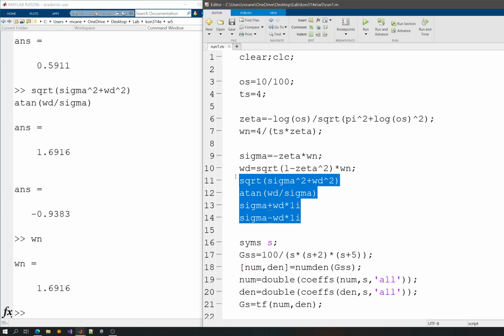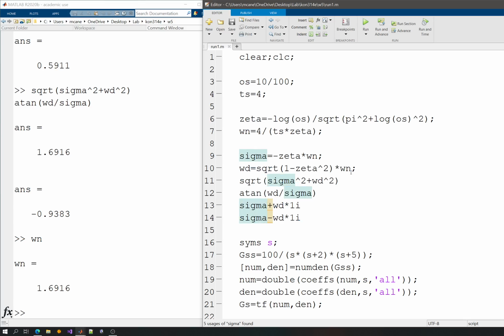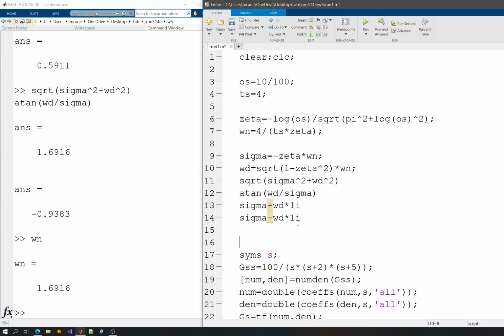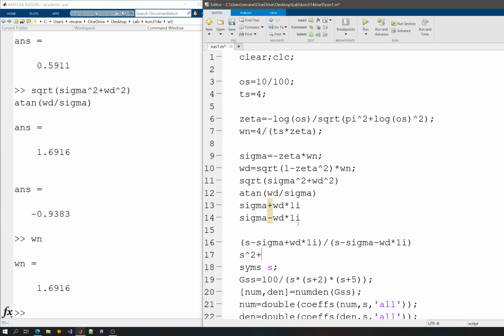Basically, I do not have to do this because you can go ahead and use these two as poles, and you will see that s minus sigma plus omega d times 1i, times s minus sigma minus omega d times 1i, will give me the exact solution that I'm looking for.